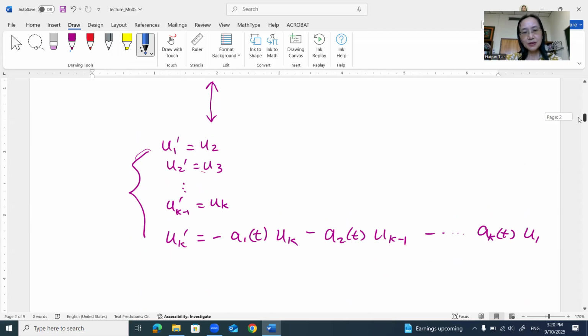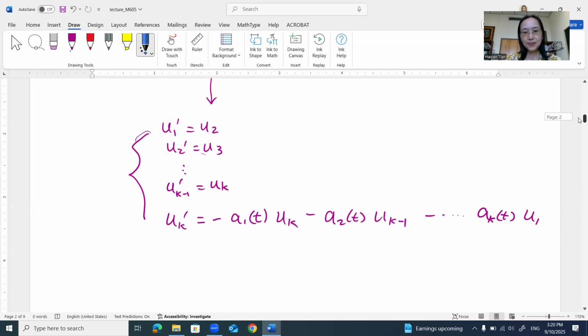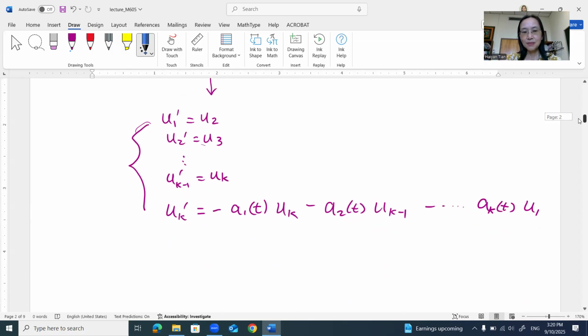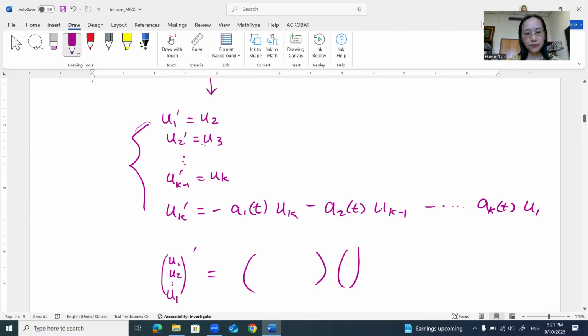This system is actually a linear system because we can write it as a vector equals a matrix times that vector. So you can write the derivative of the vector u1, u2, up to uk, and the coefficients.